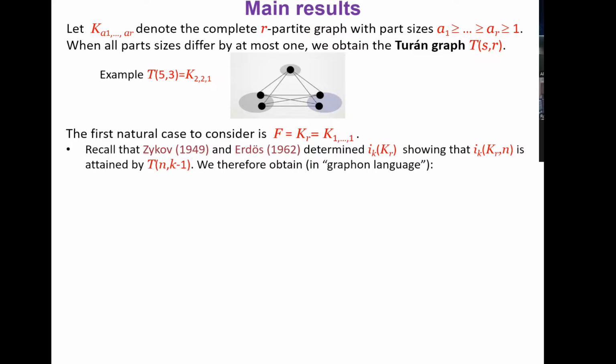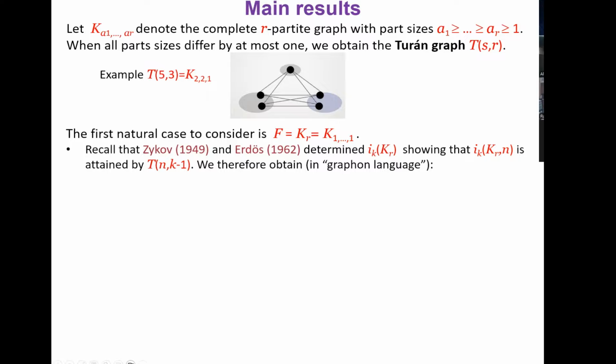So I want to go back to some of the theorems that I mentioned, but now state them in graphon language. Let's recall first the theorem of Zykov and Erdős. Remember, they determined I(K_r, K_k-free), the inducibility of K_r inside graphs which do not contain K_k, and they showed that the best host graph with n vertices is the Turán graph with k-1 parts.